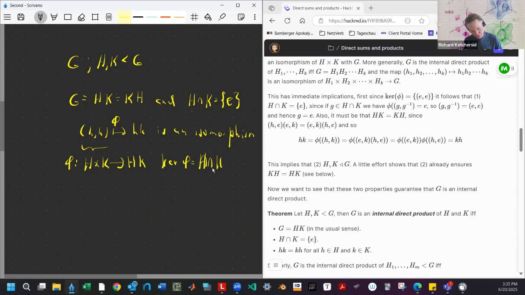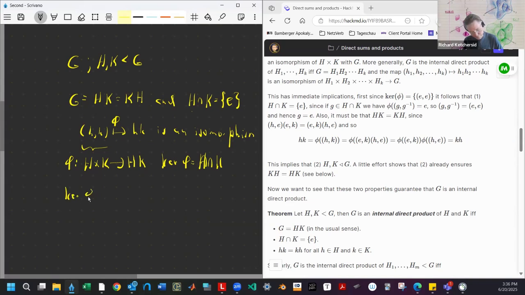So let's see, why is that actually true? So phi of HK, well, sorry, in order for this to be an isomorphism, let's see, two things. What is the kernel? Let's just check this out.